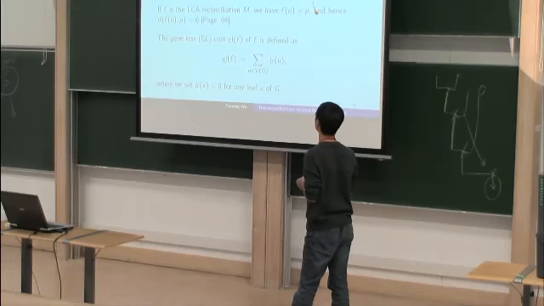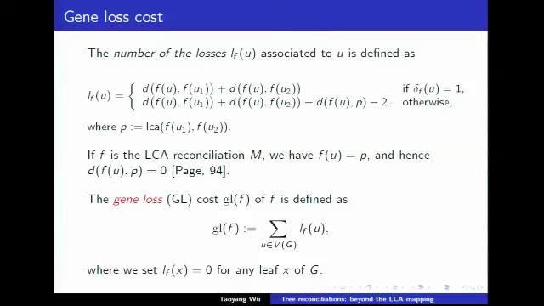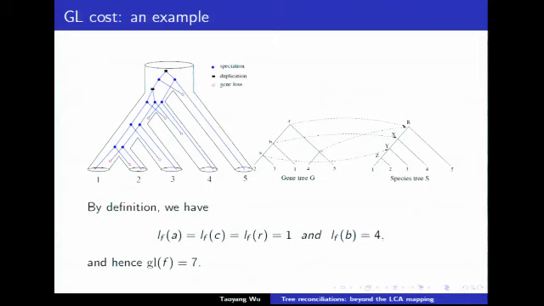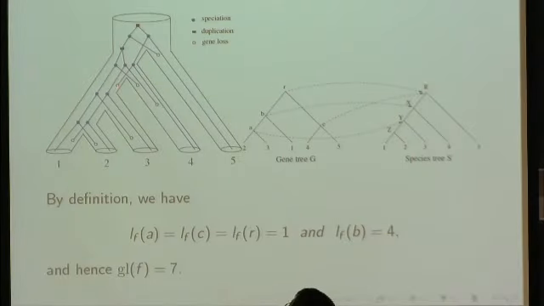And the gene loss is just the sum of all these costs on each vertex. For example, here we have LFB equal to 4, and you can see clearly B here is a duplication, so we have 4 losses.